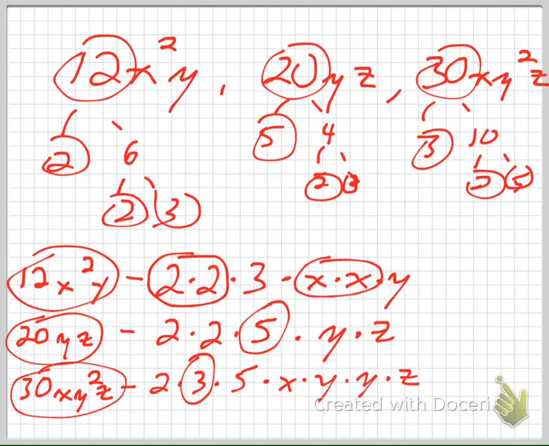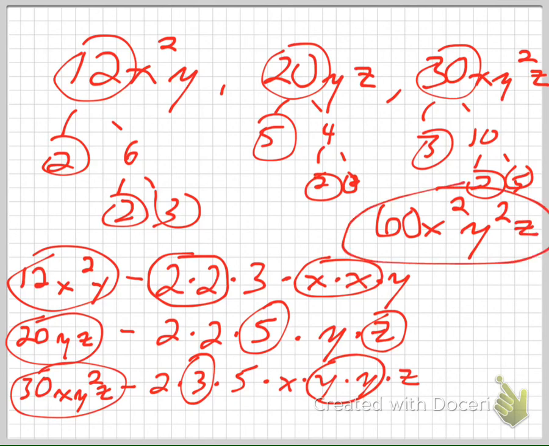Which one has the most y's? Which one has the most z's? It doesn't matter. Now you just multiply what you've circled. 2 times 2 is 4, times 3 is 12, times 5 is 60. X squared y squared z. Make sense?